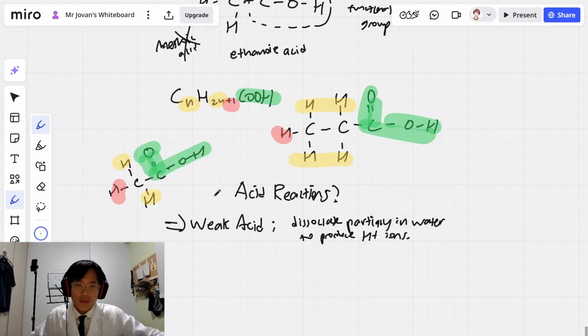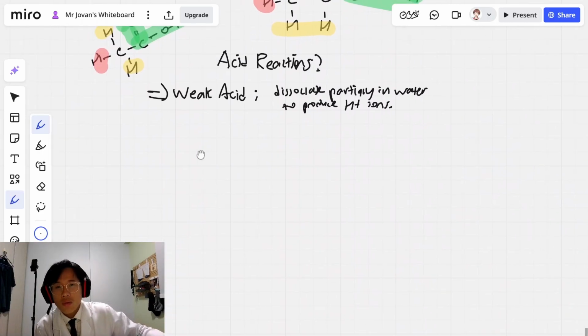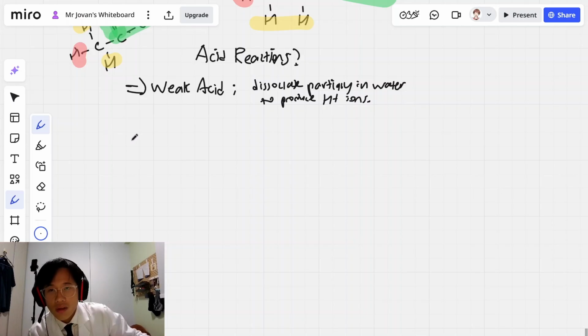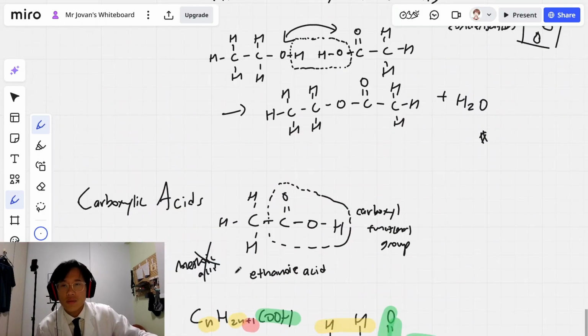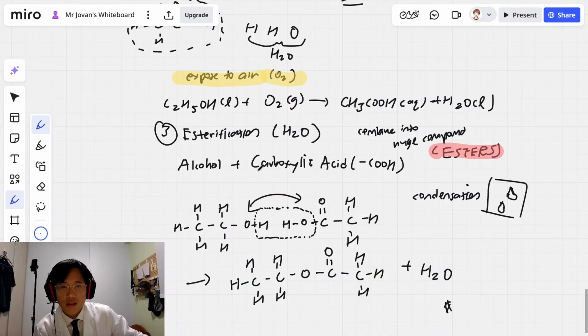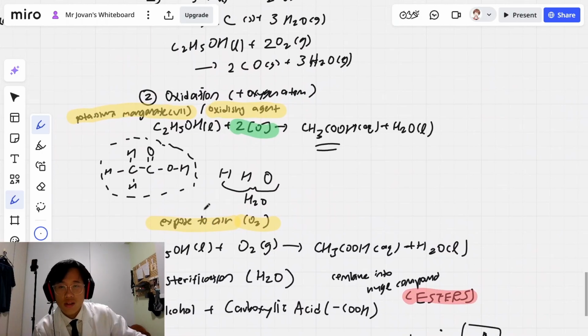If we're talking about acid, first of all, how is carboxylic acid produced? Oh my days, we just learned this, right here. Oxidation.